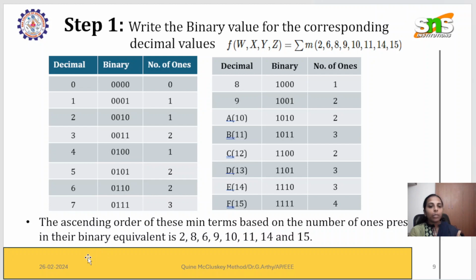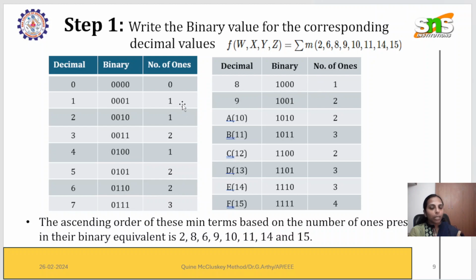Now, the ascending order of these minterms is written based on the number of ones present in the binary equivalent. If you consider the minterms, after 2, 6 is the minterm. The number of ones in 2 is 1. The number of ones in 6 is 2. But the number of ones in 8 is 1.